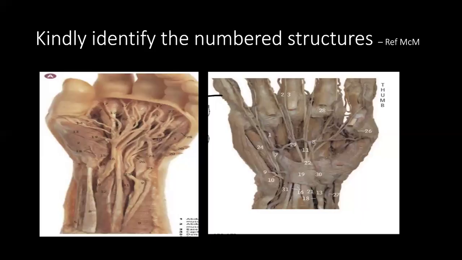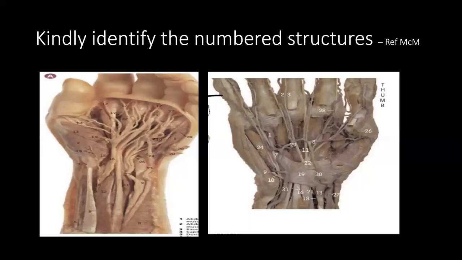Flexor digitorum, last question. Okay, then I'll let you go because I understand you need to go back and revise this. Flexor digitorum superficialis and flexor digitorum profundus. How are these two tendons inserted?